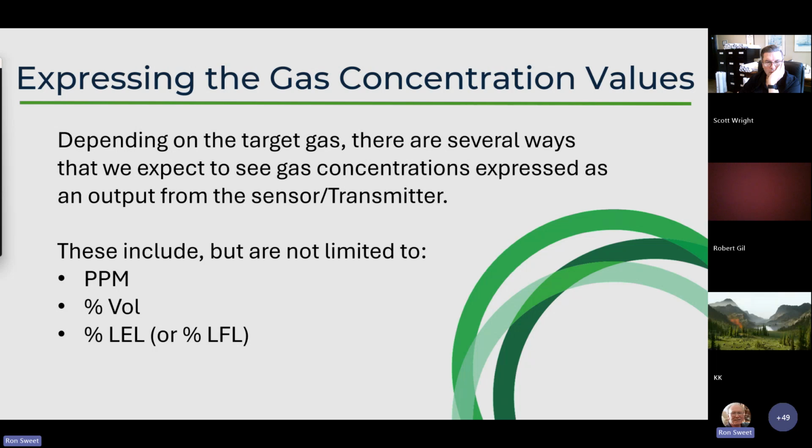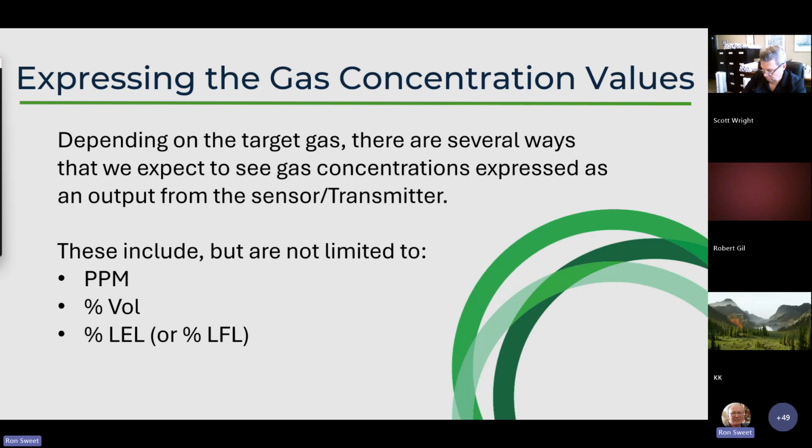Expressing the gas concentration values of various types of gases that we detect in the gas detection industry. Toxic gases are typically measured in parts per million or parts per billion. That simply means that if you look at a building envelope, a container, if you will, that is at 100 parts per million, the ambient atmosphere inside that container represents 100 parts per million.